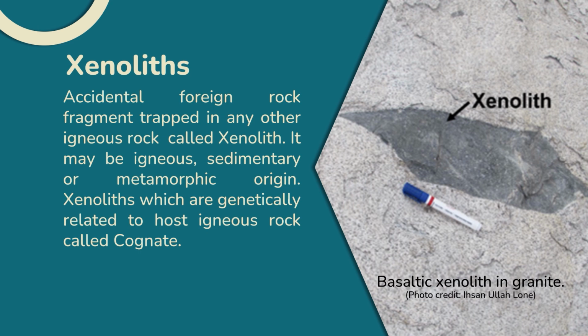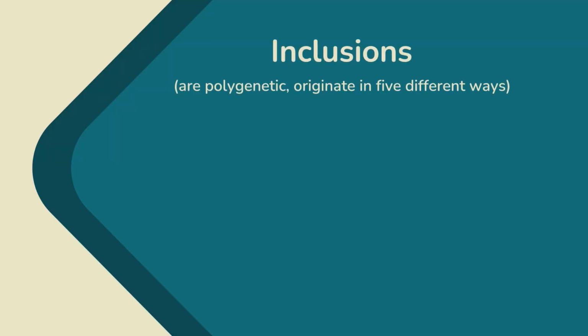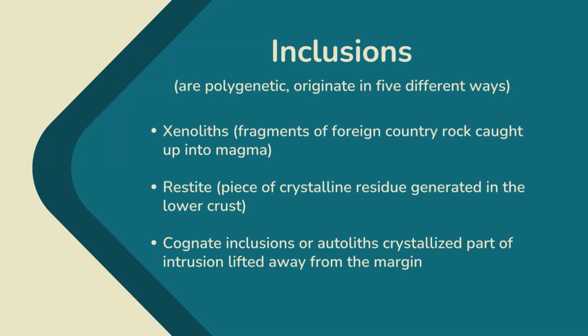Xenoliths which are genetically related to the host igneous rock are called cognate. Crystals accidentally incorporated but partially reabsorbed in magma and preserved are called xenocrysts. Cognates are xenocrysts genetically related to the enclosing rock. Here we have a xenolith, and next are the inclusions. The xenolith is also an inclusion.